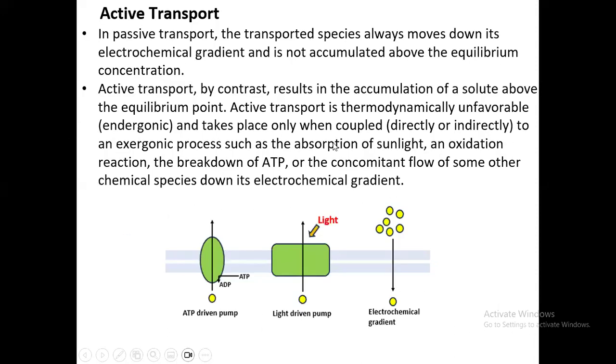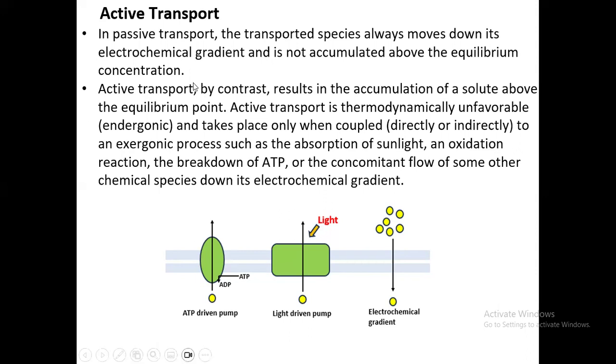Next, we will discuss active transport. So how does it differ from passive transport? In passive transport, the transported molecules always move down their electrochemical gradient and are not accumulated above the equilibrium concentration. On the contrary, in active transport, you can have transport or accumulation of solute against the concentration gradient.